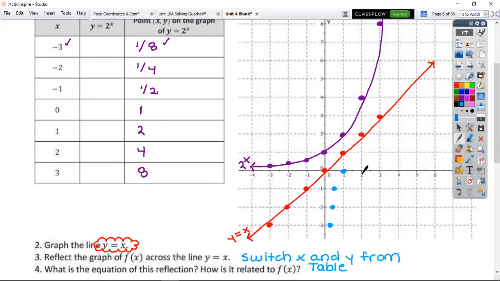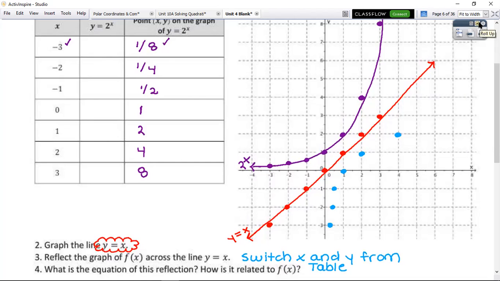And then 1, 2 becomes 2, 1. And then 4, 2. And then, can you fit 8, 3? 8, 1, 2, yes. Barely. All right, so I'm going to connect this. And then ask you some things about it.